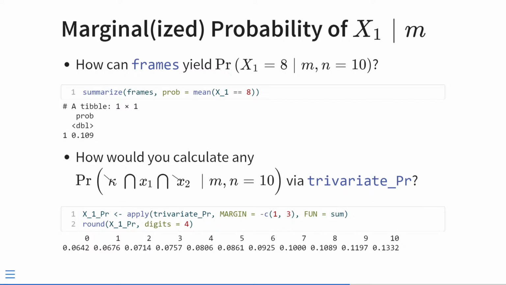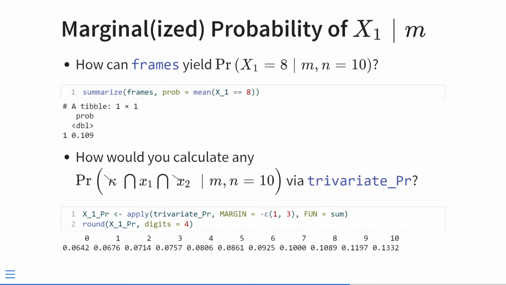So excluding the first and third dimensions, summing over them, I get these numbers here, in which the probability of knocking down 8 pins, irrespective of kappa, irrespective of x2, is 0.1089, corresponding quite well to the modern way we did it with simulations.